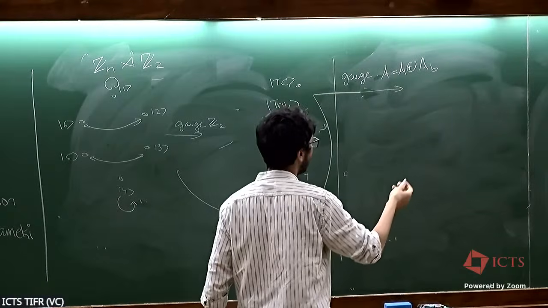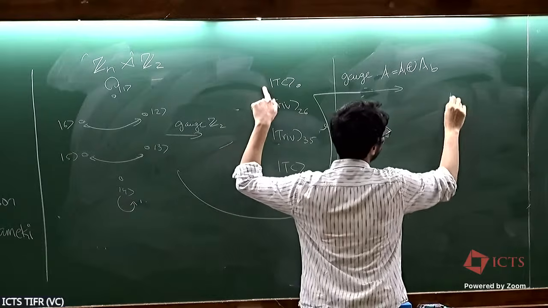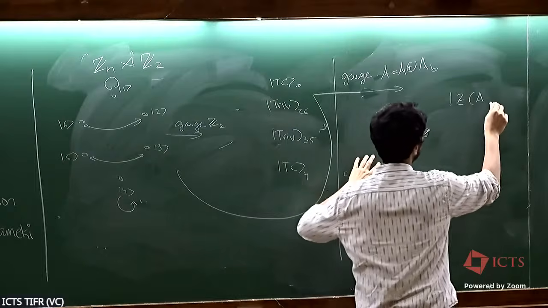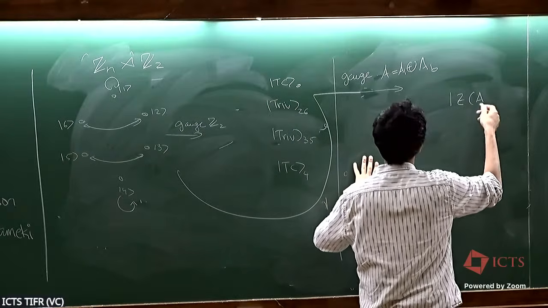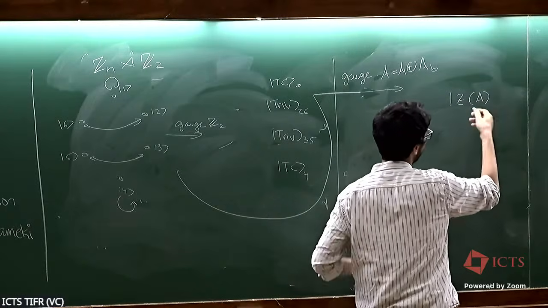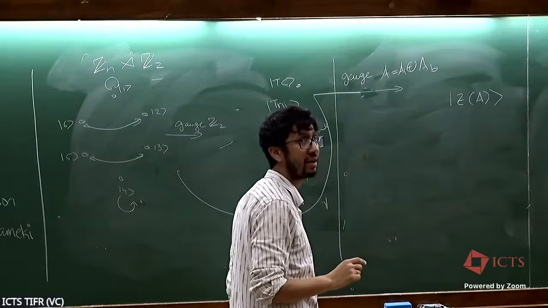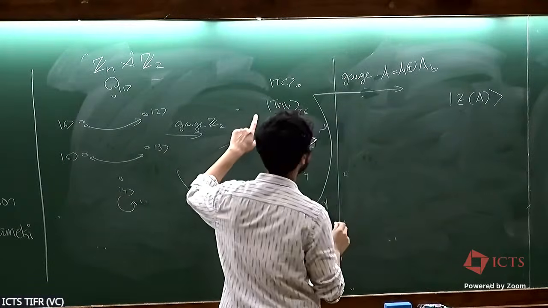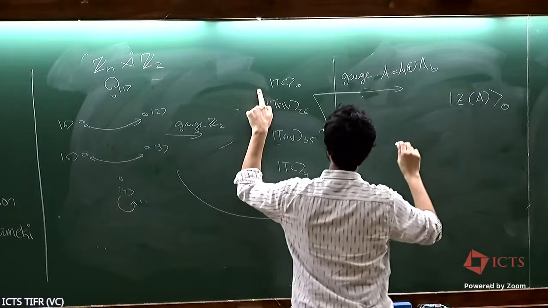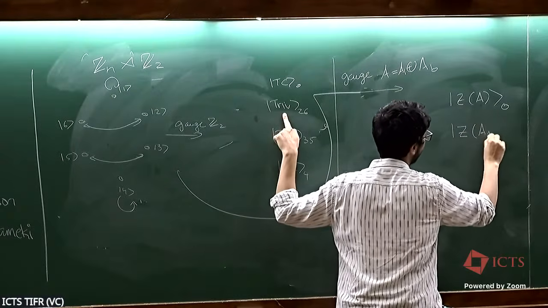In this case, what one would find is, instead of the toric code, you'll find the state that corresponds to the Drinfeld center, or the Levin-Wen ground state, with A as the input fusion category. This would be the analogous thing to the toric code. Meanwhile, the analogous thing to the trivial state would be Z of A1.